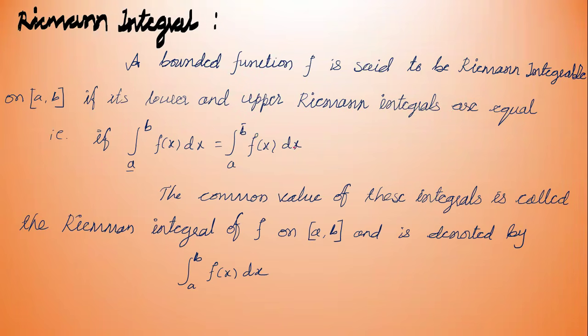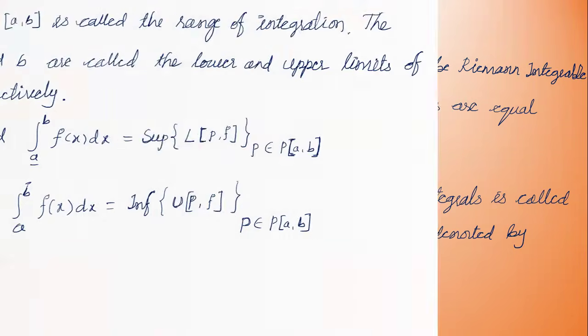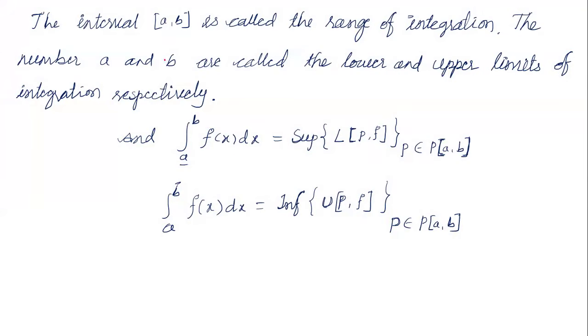The common value of these integrals is called the Riemann integral of f on [a, b] and is denoted by integral a to b f(x) dx.